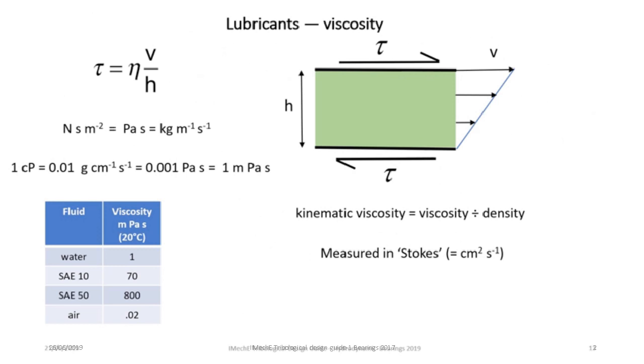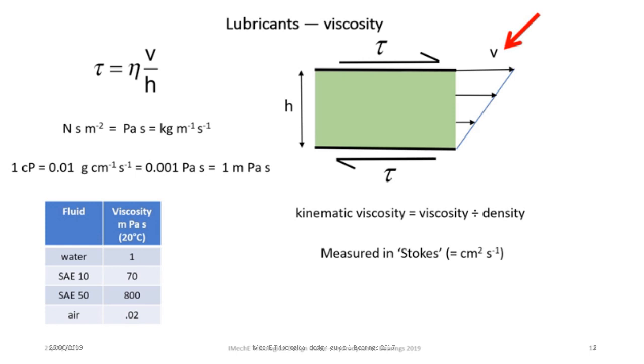We have seen that hydrodynamic bearings work because of two important properties of a fluid. Firstly, viscosity, and secondly, the fact that liquids are almost incompressible. The formal definition of viscosity is illustrated by the diagram. Imagine two plates of unit area separated by an oil film of thickness h. The lower plate is stationary and the upper moves to the right at speed v.